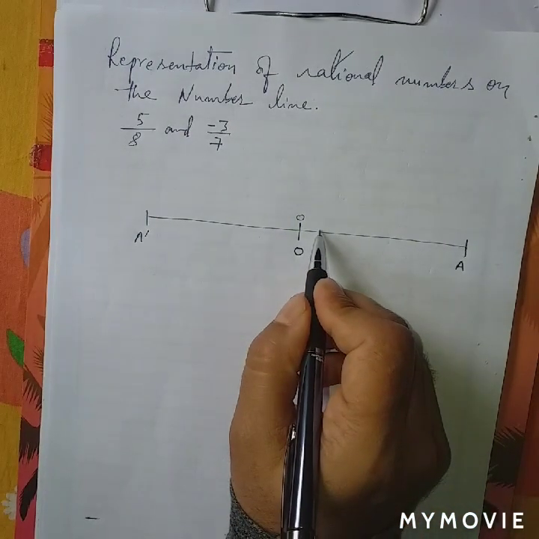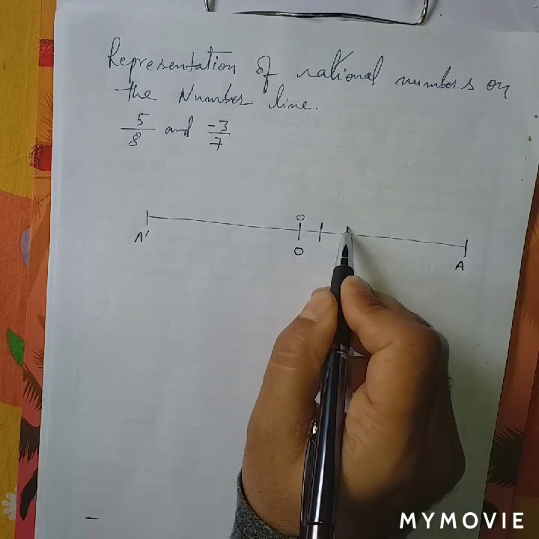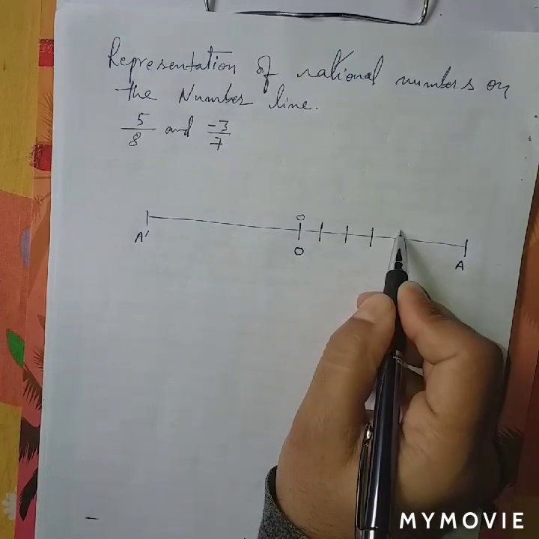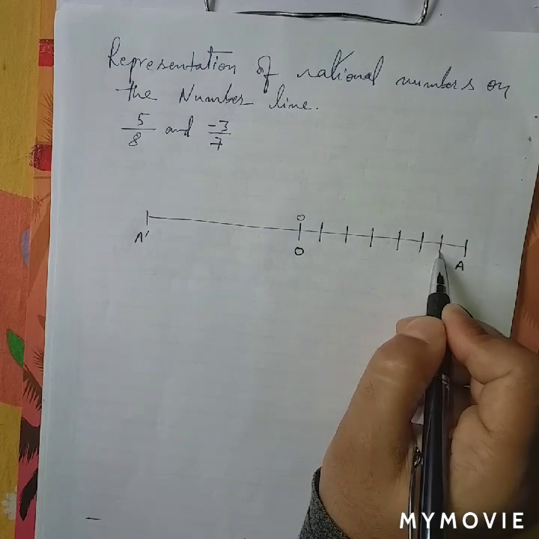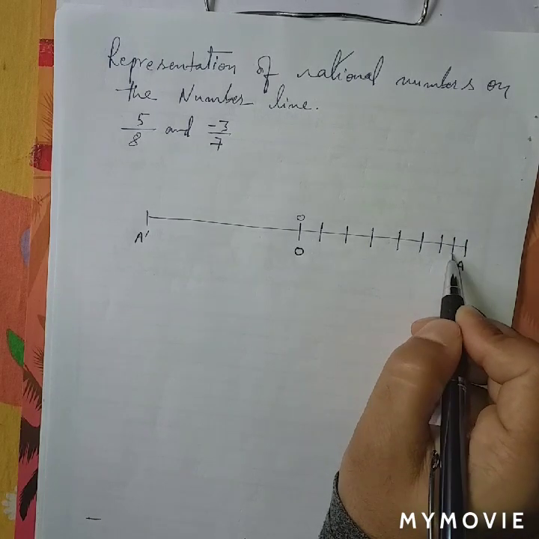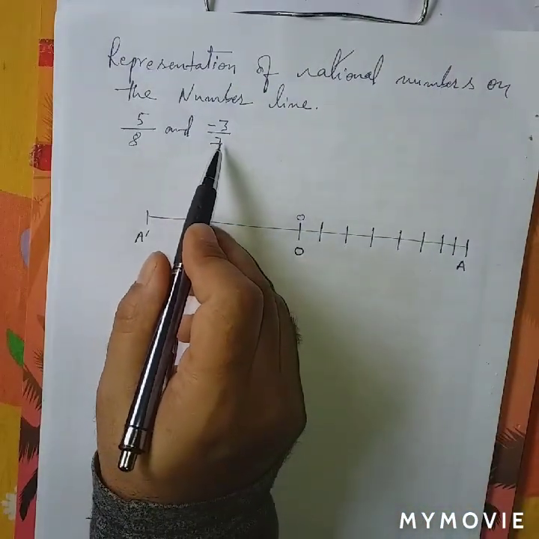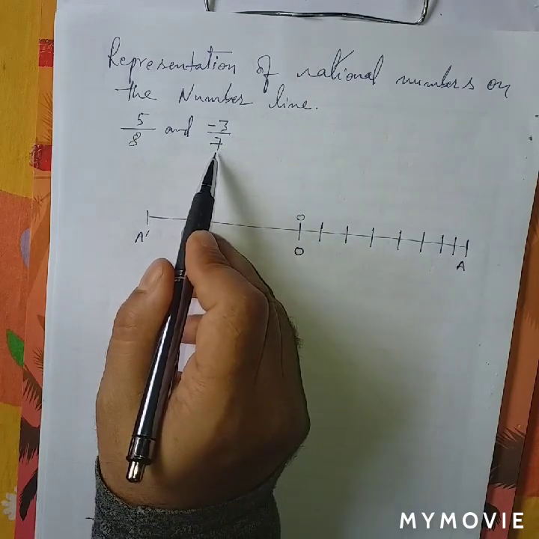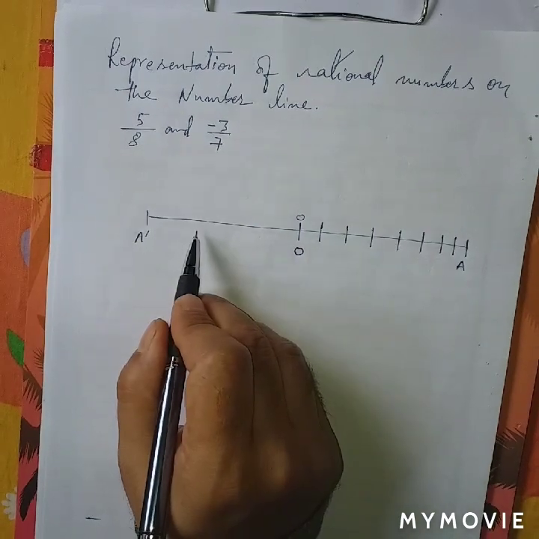Try to make it equal. So suppose this is 1, 2, 3, 4, 5, 6, 7 and 8. Okay, and this fraction you can see here, this is minus 3 out of 7 equal parts, and this is a negative fraction, so it will be this side of the 0.